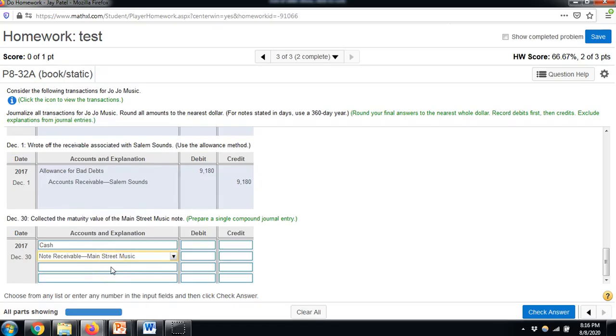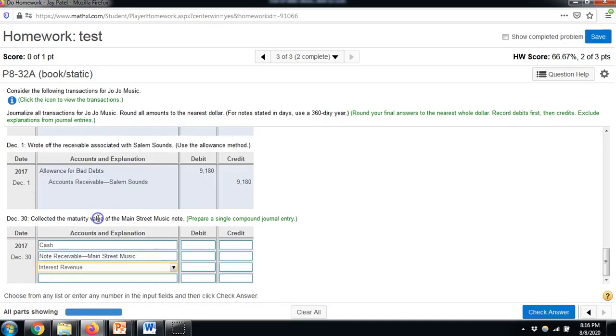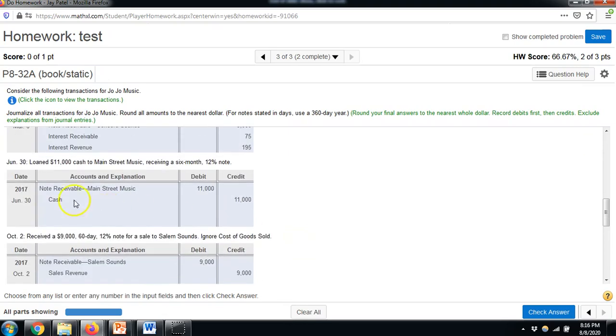And we're also going to be recognizing some interest revenue. So now let's fill in what we know. We know that this is 11,000. That's pretty much the only thing we know right off the bat. Again, that comes from this right here, where we created this note on June 30th.